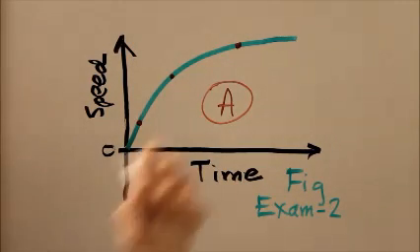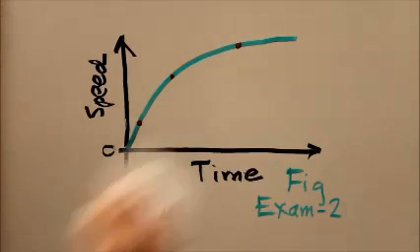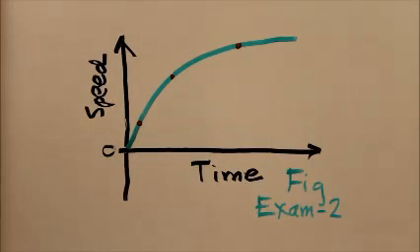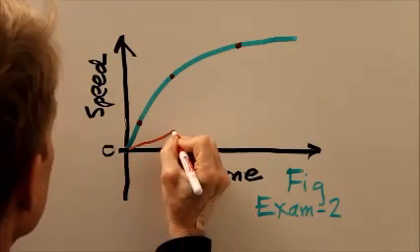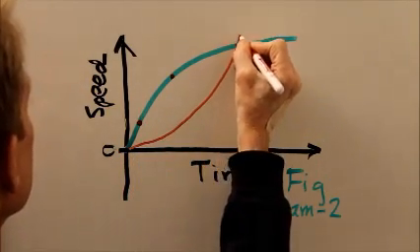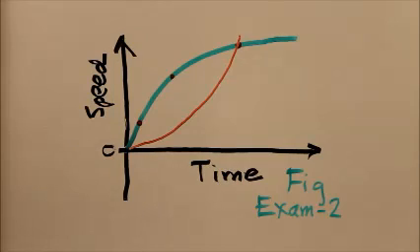So the correct choice here is A. Let's look at these other choices and just see what those curves would look like. Choice B, the object starts out accelerating slowly, and as time passes its acceleration rate increases. Well, that would give us a curve that would look like that.